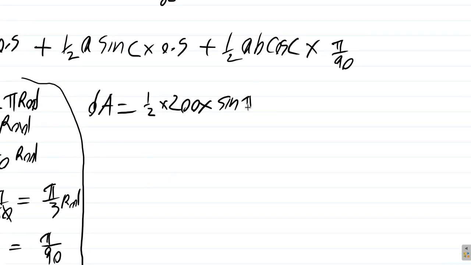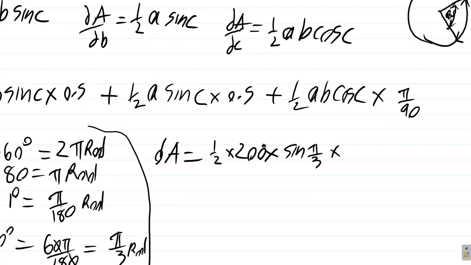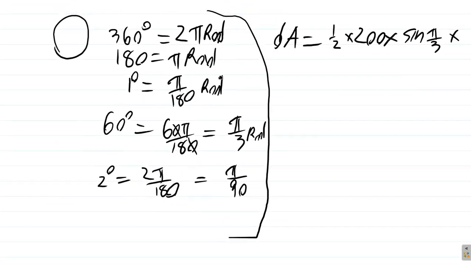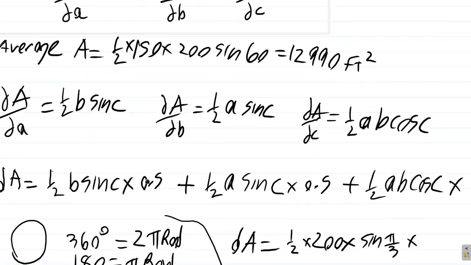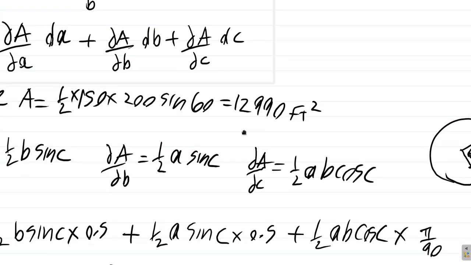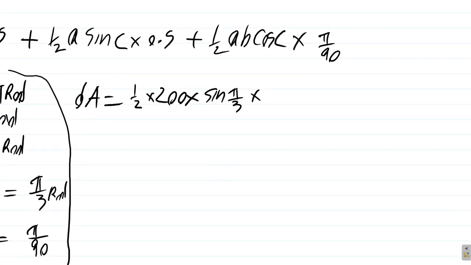So it's pi over 3 times the change in A. A and B have the same change, which is 0.5, right?